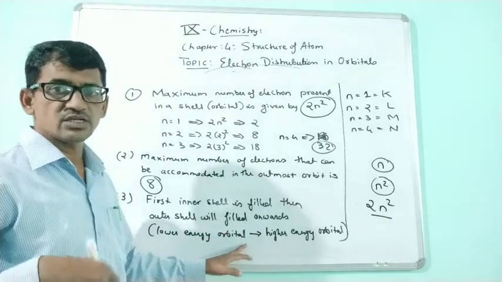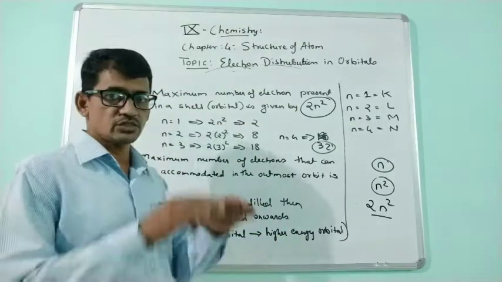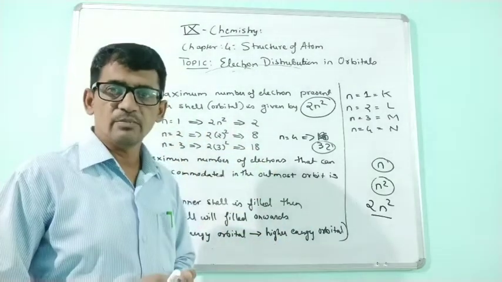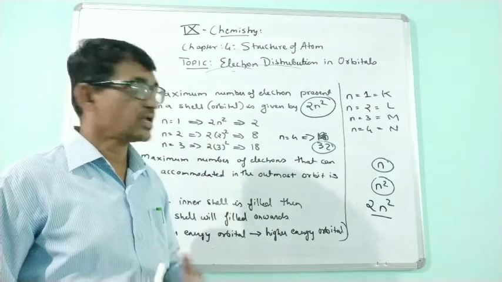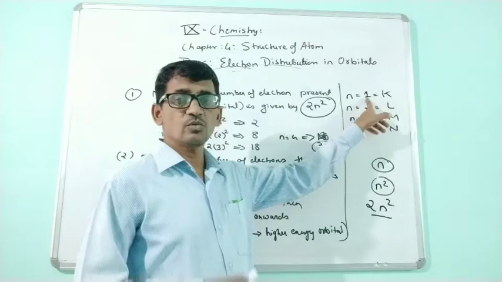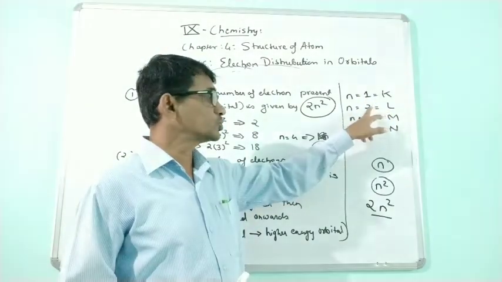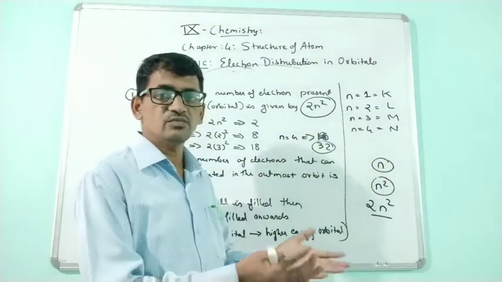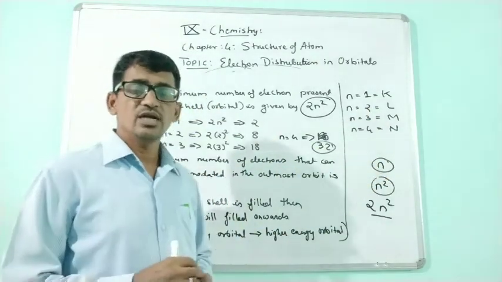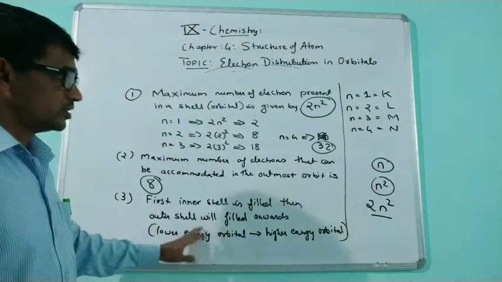If the lower energy orbital is completely filled, then the next electron goes to a higher one. So if the orbital is empty, the first electron goes near n is equal to 1. If this orbital is completely filled, then the new coming electron goes outward. That is rule number 3.